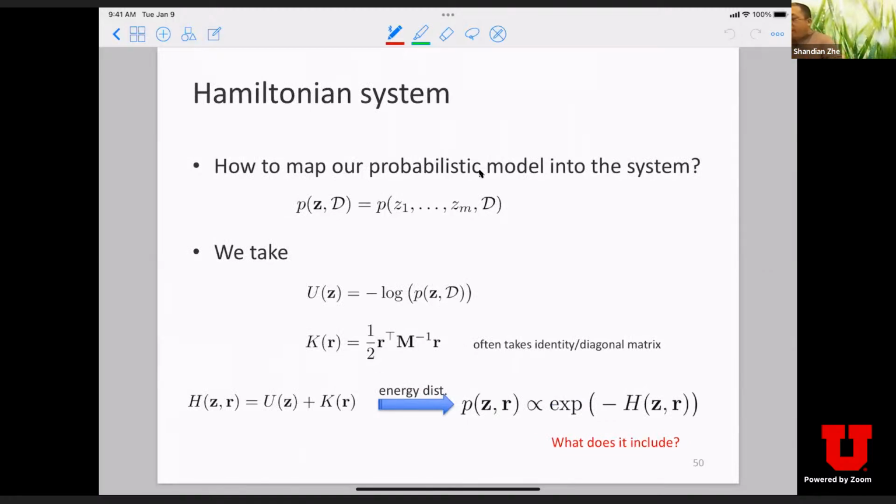We can define the random variable in our probabilistic model as the position vector in the Hamiltonian system.